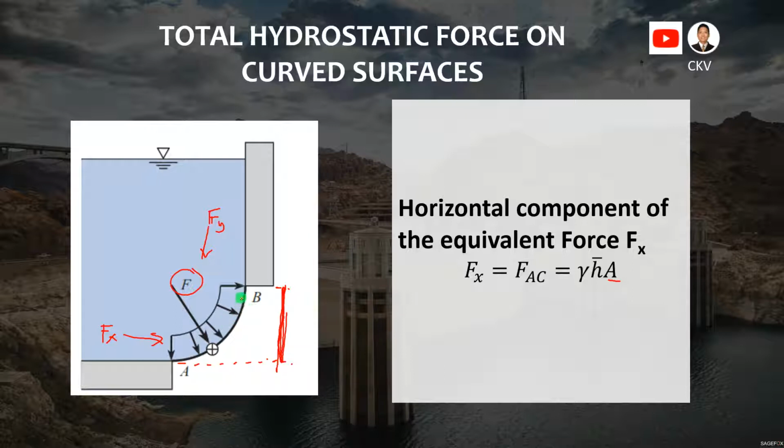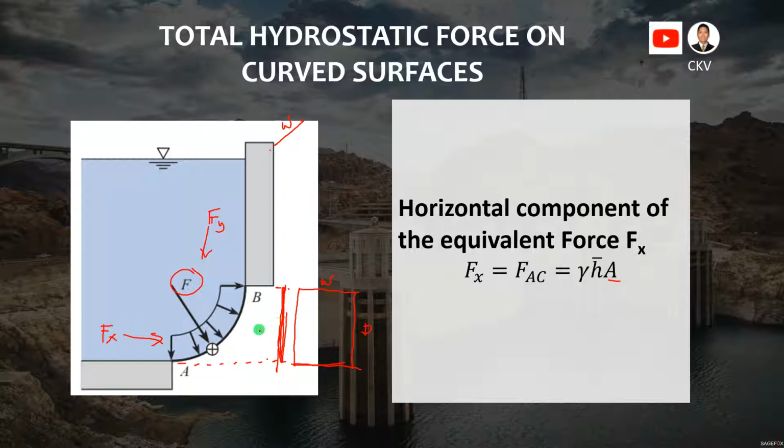When we take a look at the left side or the right side of this curved gate, what we will see is a rectangular surface. Let's say it has a width, that's the width here, and this is the total vertical distance, say the depth of this curved surface.